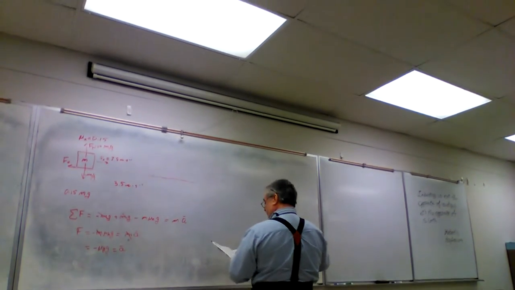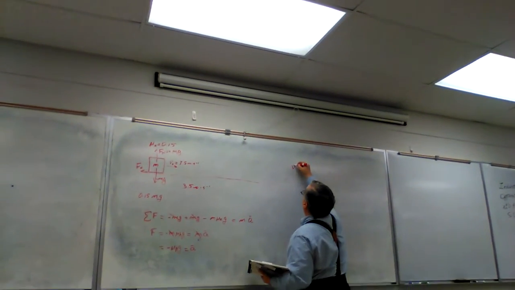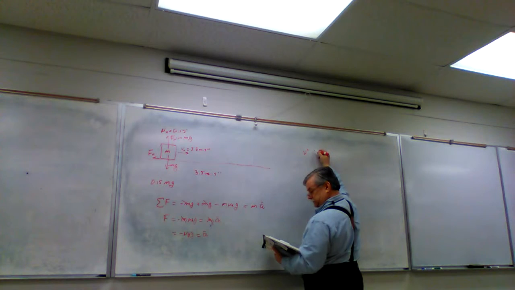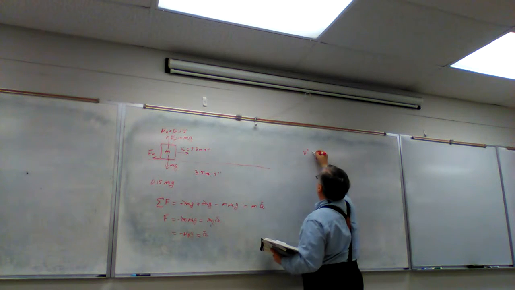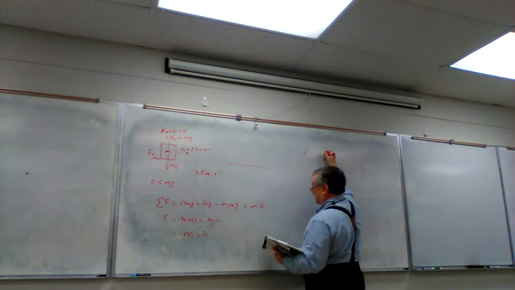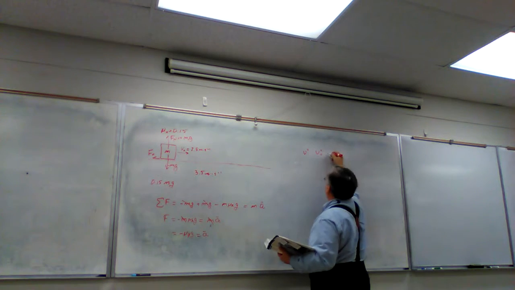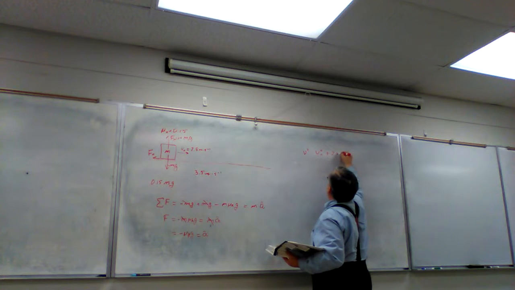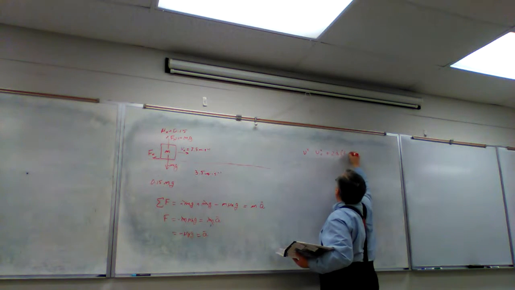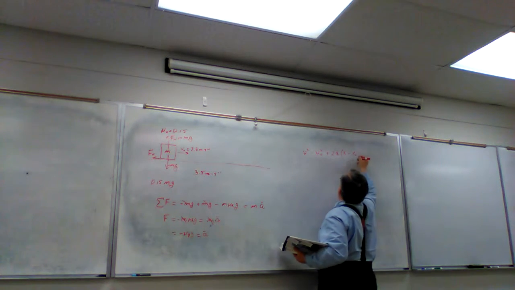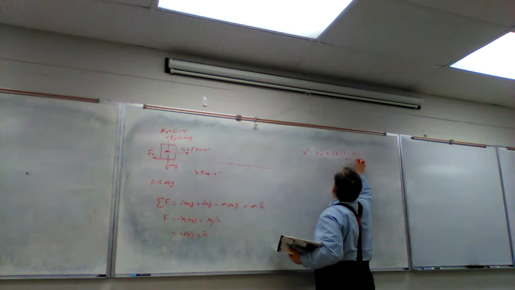So let's write that out. We've got v squared is equal to v sub naught squared plus 2 times a times x minus x naught, or delta x.